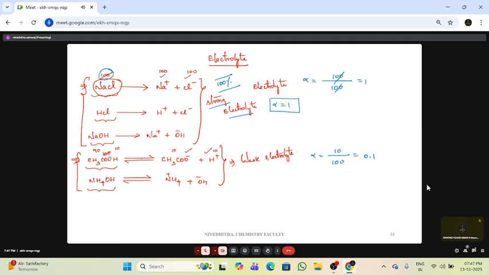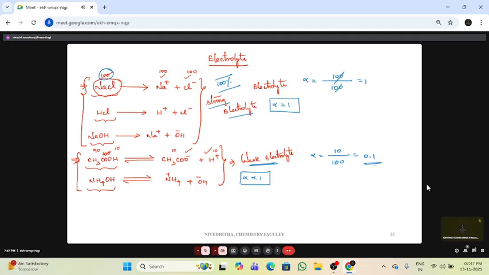So what we can infer is, as far as weak electrolytes are concerned, the degree of dissociation will always be less than 1. For strong electrolyte, alpha will be equal to 1, and for weak electrolyte, alpha will be less than 1.